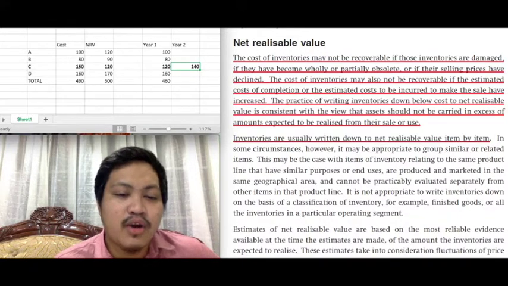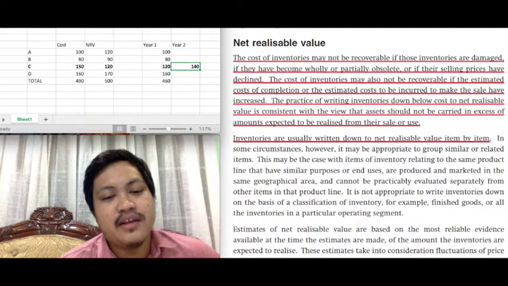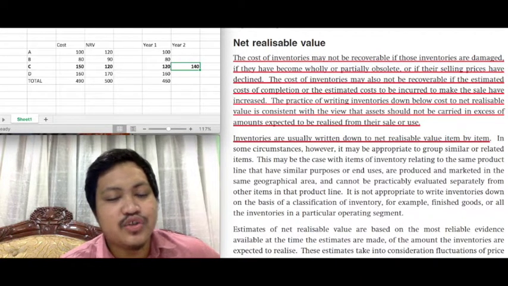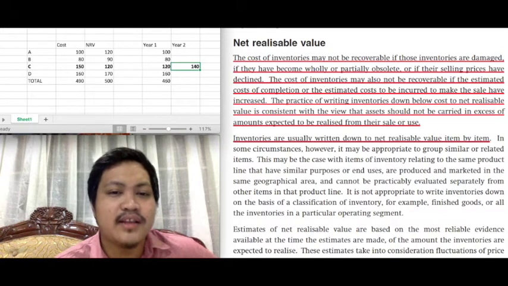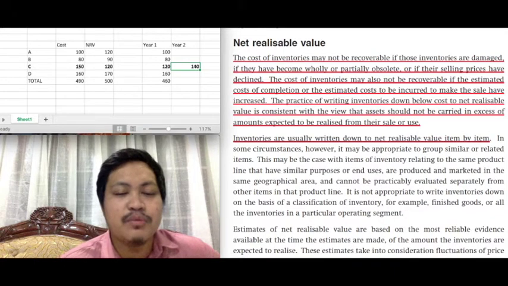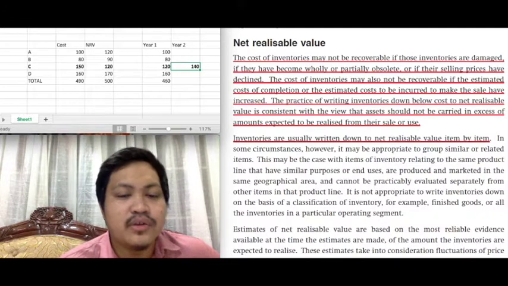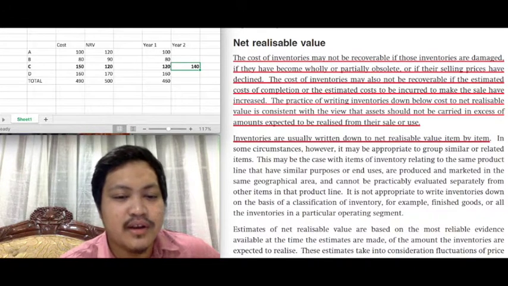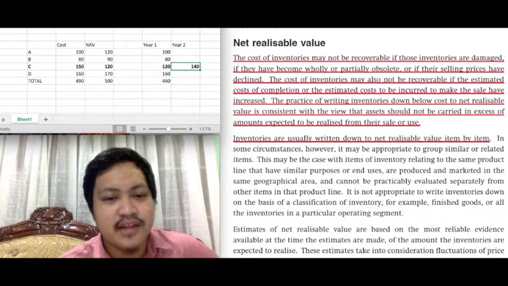So we are now forced to increase our asset. And the increase in our asset class is not due to the contributions or withdrawals from our equity holders, and that is why the increase of 20,000, the increase of 20 will be considered as a gain. What kind of a gain? What kind of income? A gain on the reversal of your inventory write-down. Why do we call it a reversal of our inventory write-down?